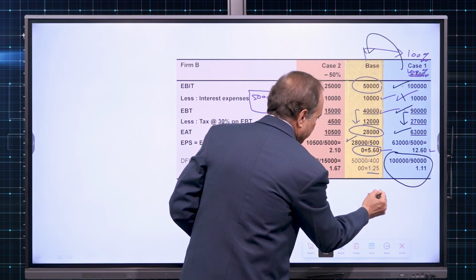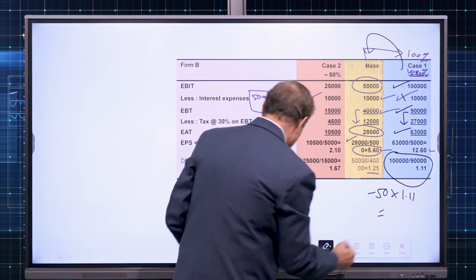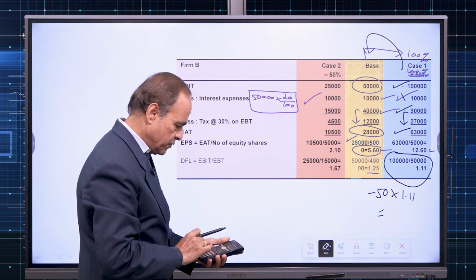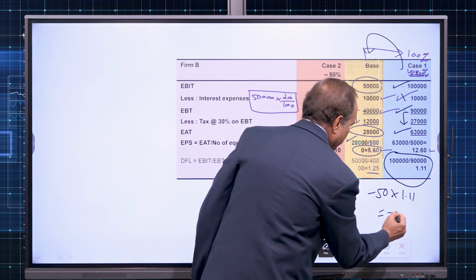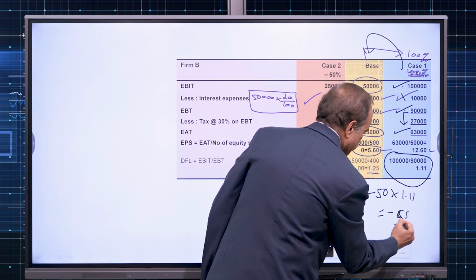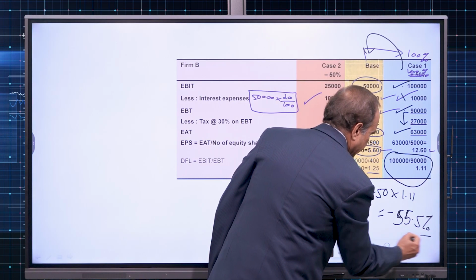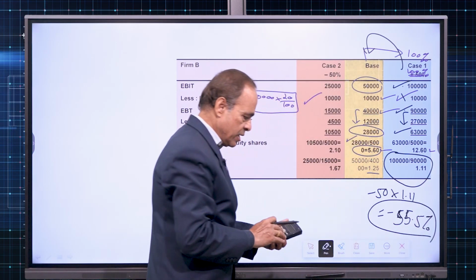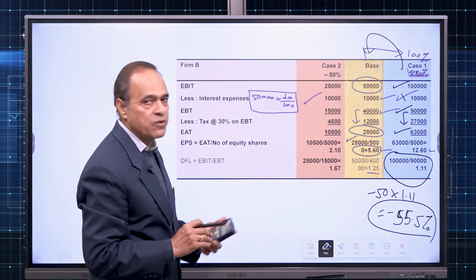So negative 50% times 1.11, we get 55.5% negative. That means my 12.6 EPS earlier now becomes 5.6.